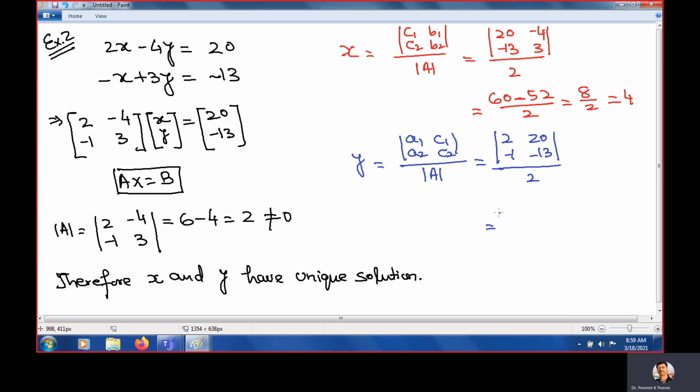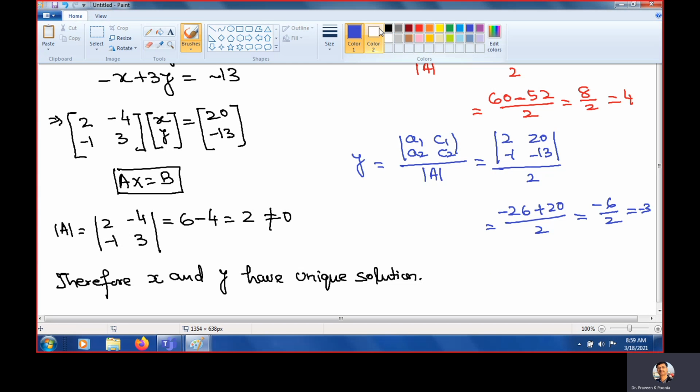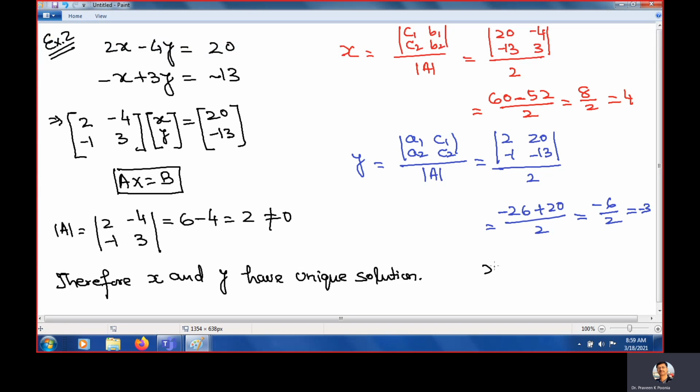So 13 times 2 is negative 26, and negative, negative will become positive because here is one negative, 20 times 1 is 20. Minus 26 plus 20 is minus 6 upon 2, and the answer is minus 3. So what is the solution? Solution is x equals 4 and y equals minus 3.